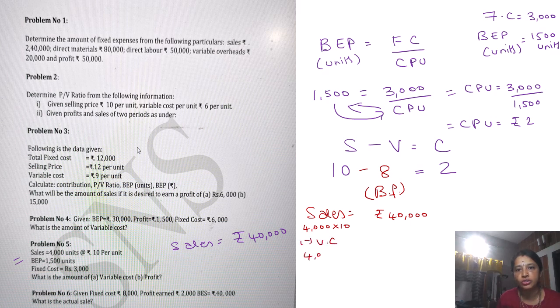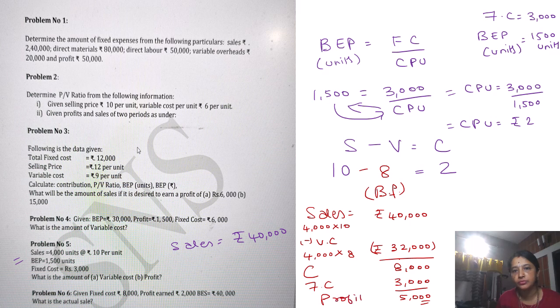Number of units 4000, variable cost per unit 8. 8 fours are 32. 32,000 is your variable cost. So your contribution is 8,000. Less fixed cost, given in the question as 3,000. So 5,000 is your total profit in rupees.